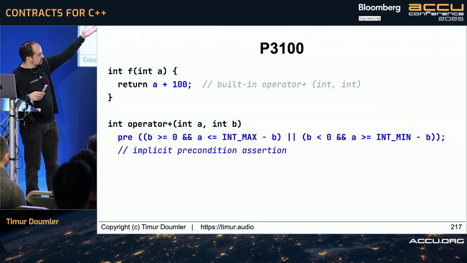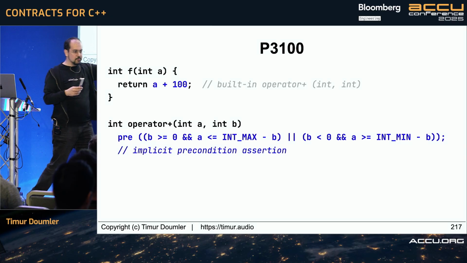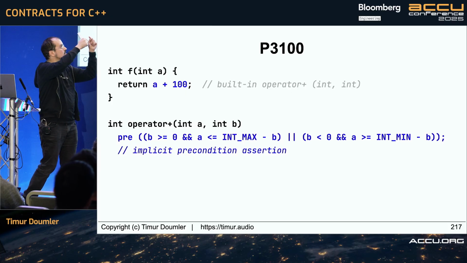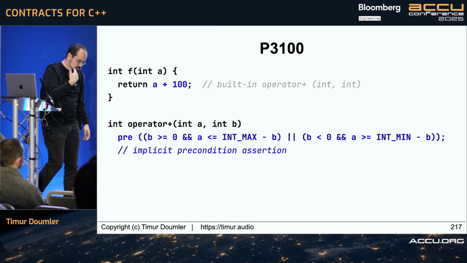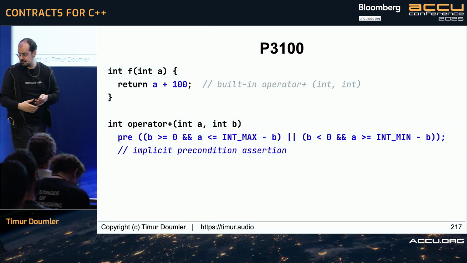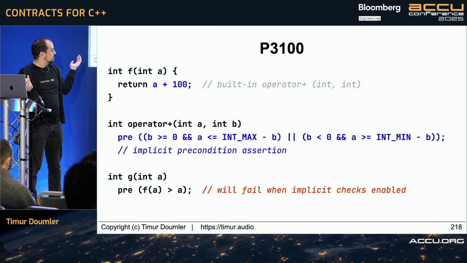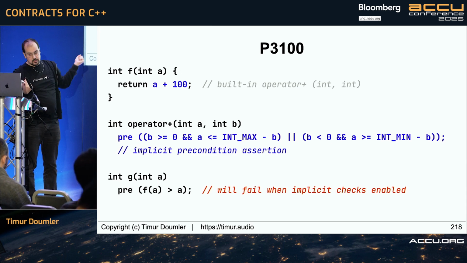Then we can give you a flag to enable those and to actually inject those checks implicitly into your code, even if you didn't write them, just by default. So that's pre and postcondition assertions on core language stuff. If you turn on that flag, this will fail if you get it wrong, and it will not have UB anymore.